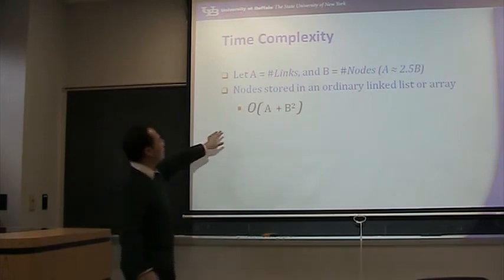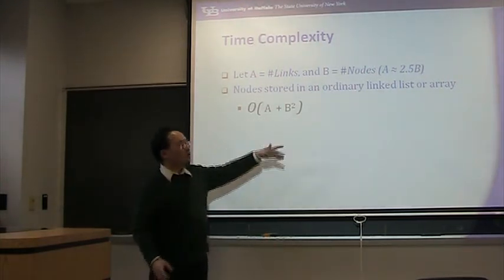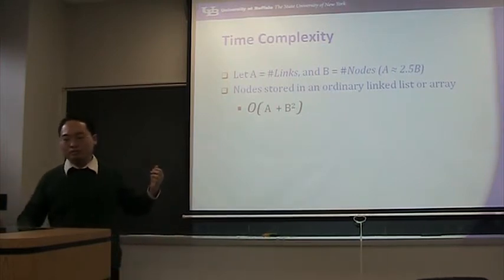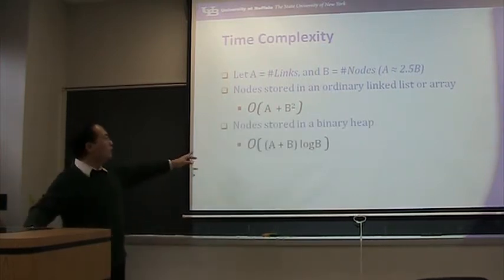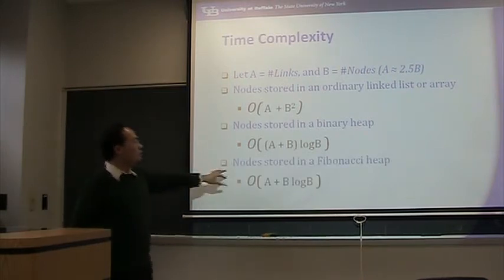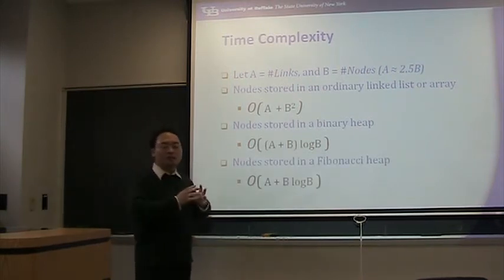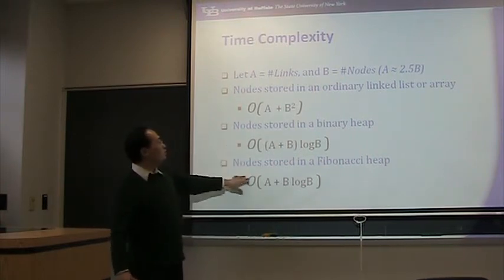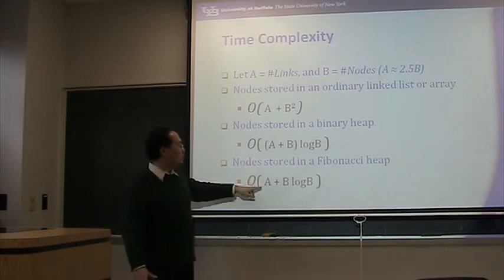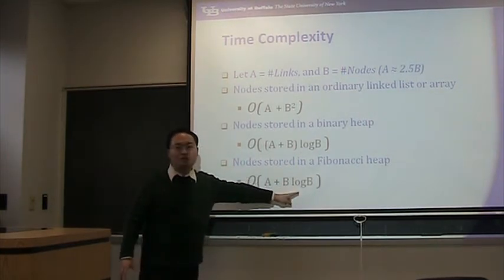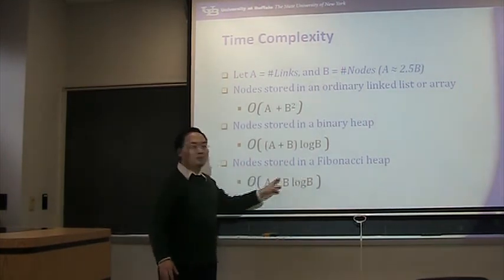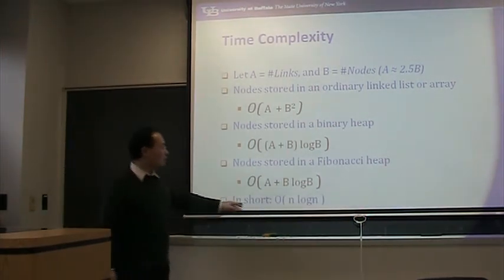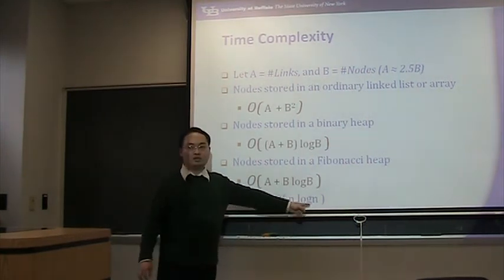So in a naive implementation using a linked list or array, the time complexity is O(n) squared. But if we use a binary heap or Fibonacci heap, which are advanced data structures I'm not going to introduce, we can reduce the time complexity to A plus B log B. And this part is dominating, so in short, the time complexity is O of n log n.